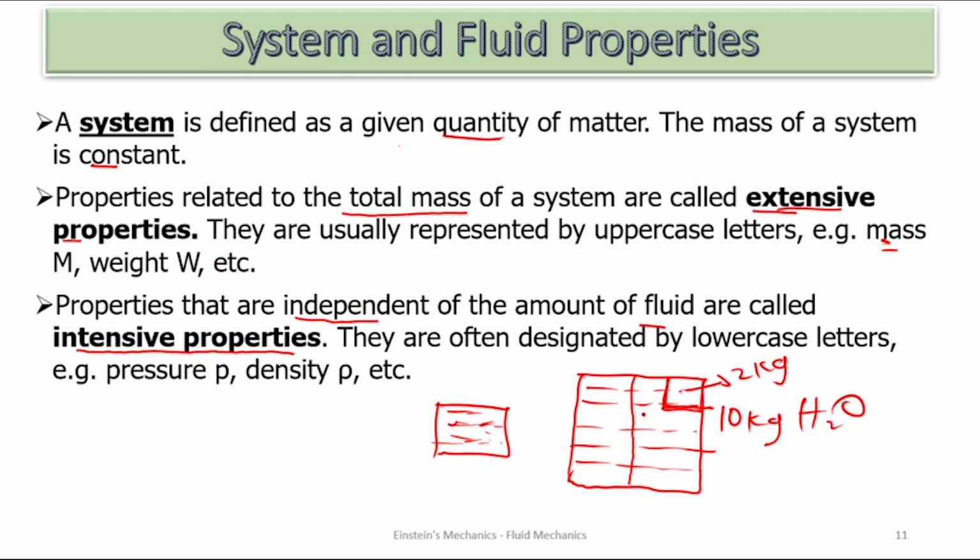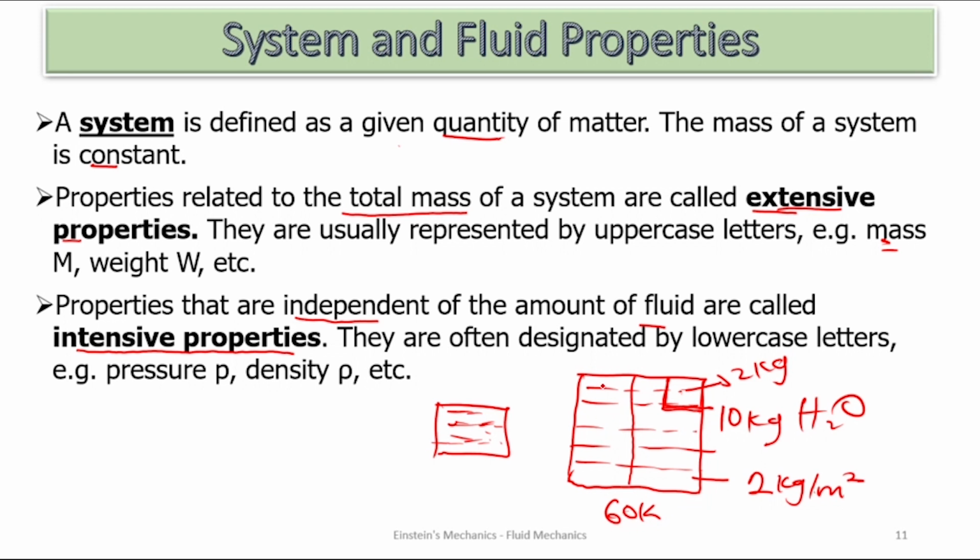But assuming I take this container to have a density of, let's say, 2 kilogram per meter cube, or a temperature of 60 Kelvin. No matter the amount I take from this fluid, the density is going to remain the same, the temperature is going to remain the same.